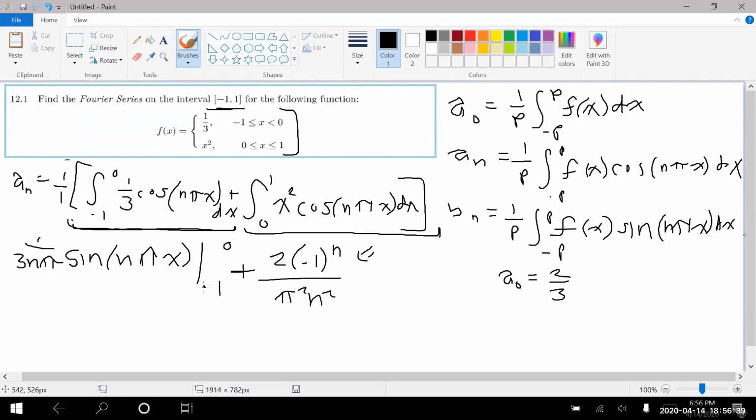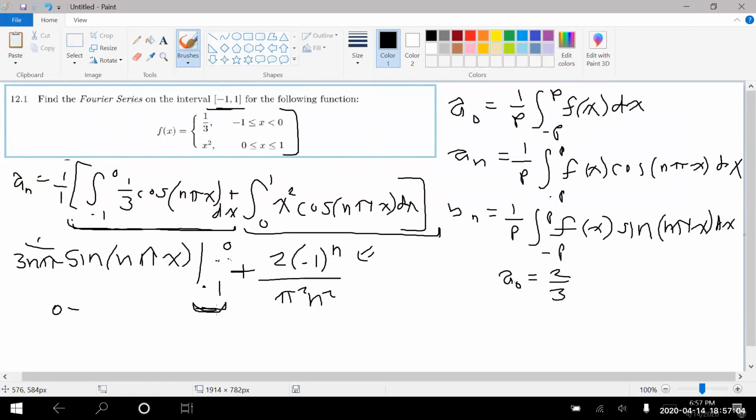But let's go ahead and evaluate this first part. So we have a sine function. Sine function evaluated at 0, what happens here? Sine of 0 is always going to be 0. So our first one is 0, and then we have minus sine of n times pi, because we have this -1 here, so negative n times pi.